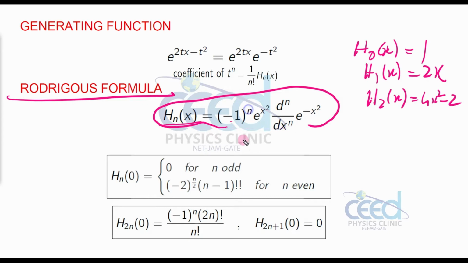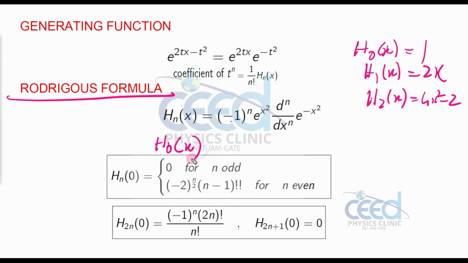To find H0 of x, let me check whether these values are obtained or not. So I can replace n with 0 here. Minus 1 raised to 0, e raised to x square, d raised to 0 by dx raised to 0 of e raised to minus x square, right?